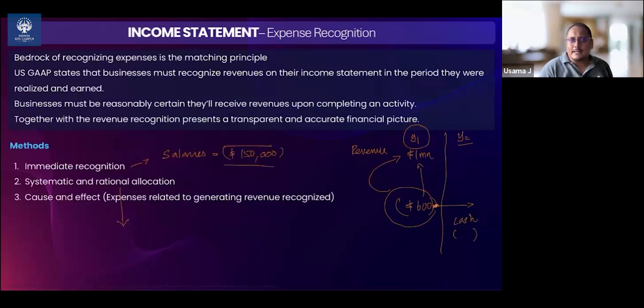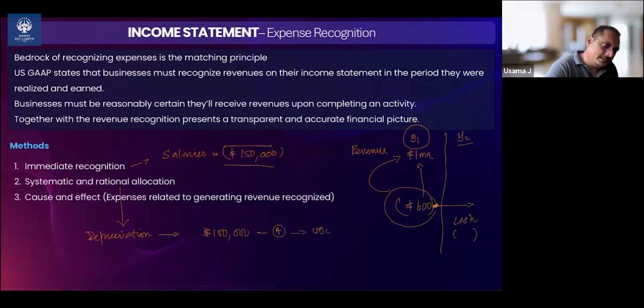Where will you see this systematic and rational allocation potential? A very obvious one, something which is a popular, obvious one. Any thoughts, guys? Depreciation. We'll talk about these later on as well, early days. Right? What happens with depreciation? We might spend, for example, $100,000 to buy a particular fixed asset. The fixed asset has a useful economic life of 4 years, right?